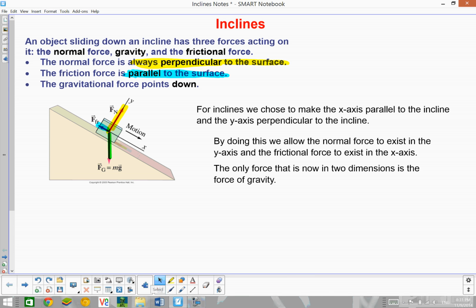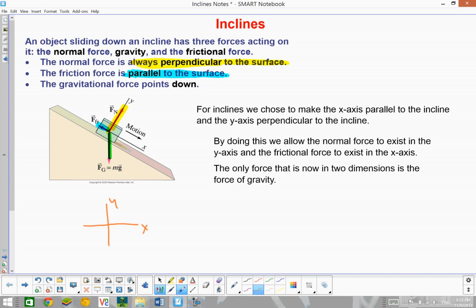Now, if we treat our x, y coordinate system as your typical up and down, that's a terrible coordinate system, let's try that again. Up and down and left and right. There you go, much better. You have your y up here and your x over here.